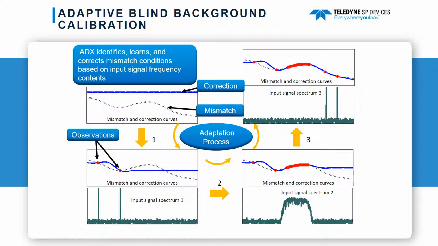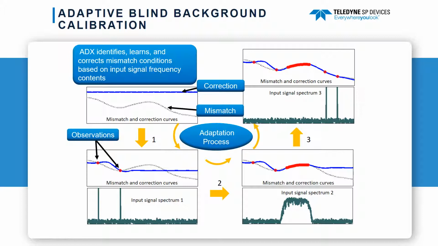At step 1, two narrowband input signals allow accurate estimation of the mismatch conditions around these two frequencies, and the frequency-dependent mismatch model of the blue model curve is updated so that it captures the mismatch estimates in these two frequencies. As more input signal energy becomes available, such as in step 2, where a wideband signal is present, the mismatch is estimated at additional frequencies of sufficient energy content, and the blue mismatch model is updated accordingly.